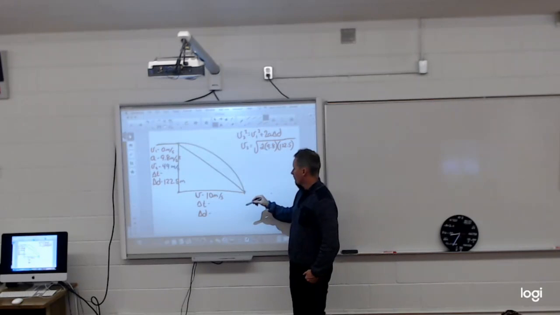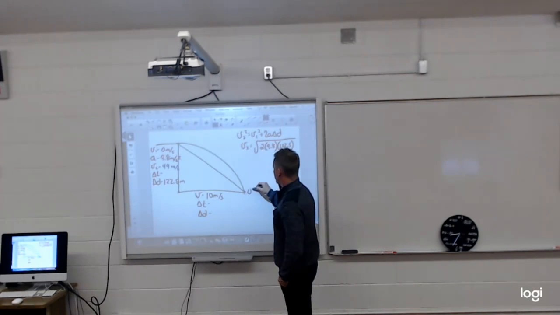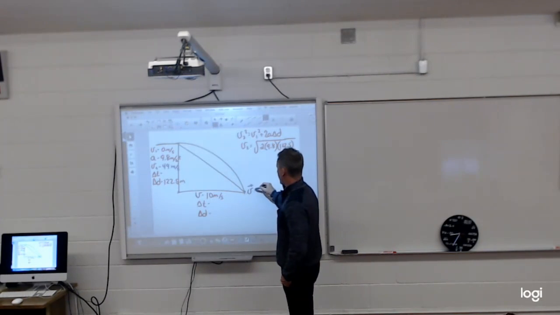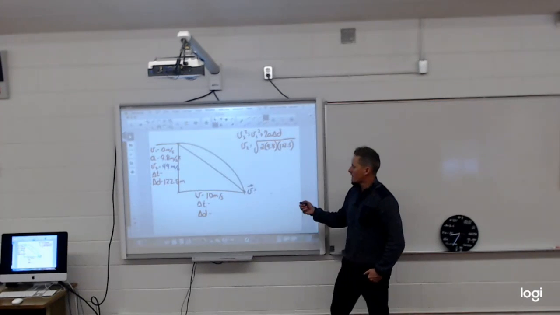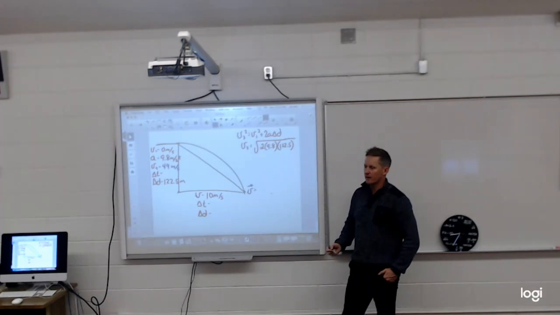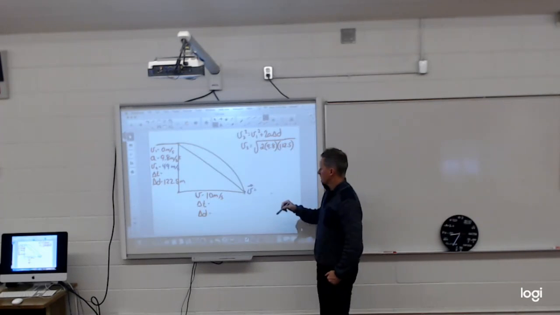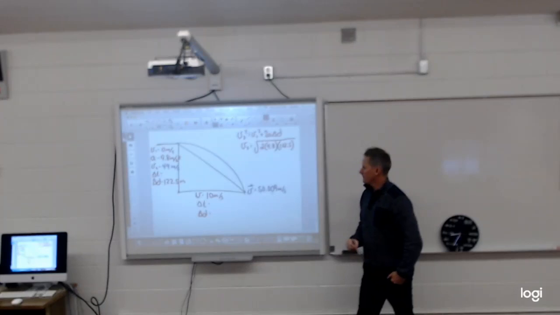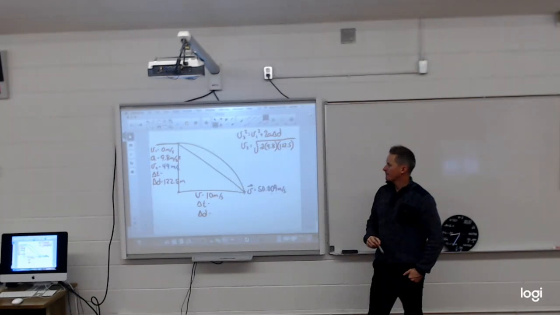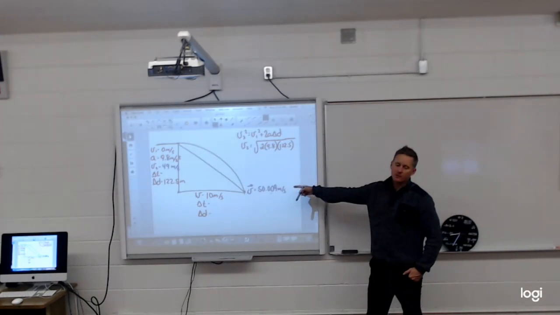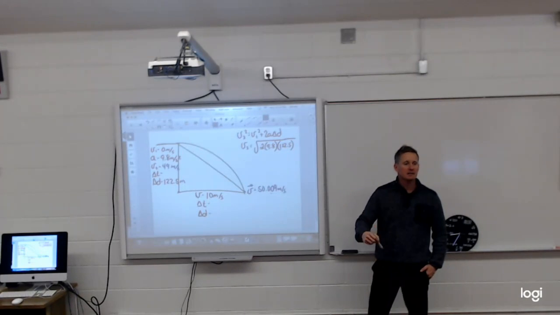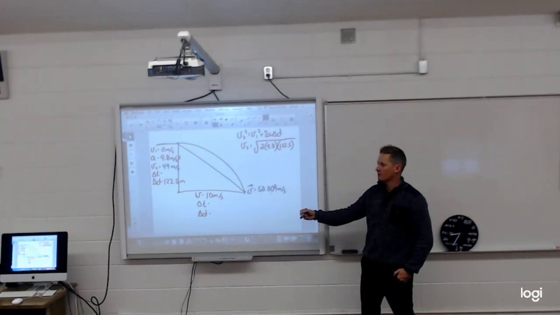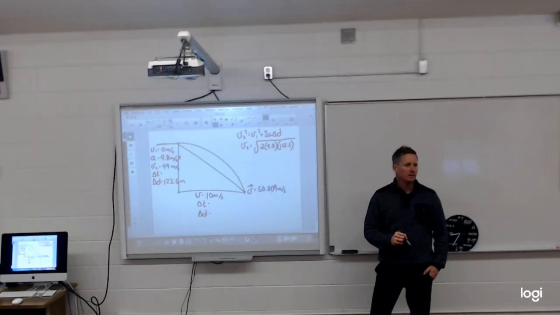So if you needed to know the resultant velocity right here, it would be 49 squared plus 10 squared and then the square root of it. 50.00. Okay, so I've got that. So that's the speed at which it's going to hit the ground, including the gravitational pull and the initial velocity that I threw it with.